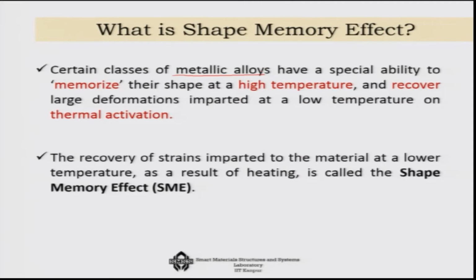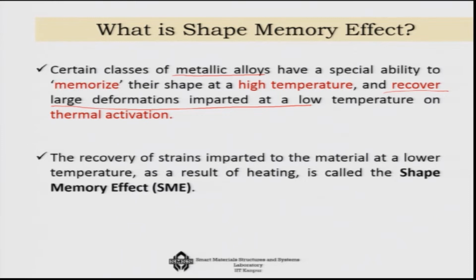This parent state is generally with respect to high temperature, and whatever you do with this metallic alloy at low temperature, the moment you take it back to the high temperature, it will get back to the parent shape, because it can recover the large deformations that are imparted at a low temperature. We will see later on that it happens because of a very regular crystal structure.